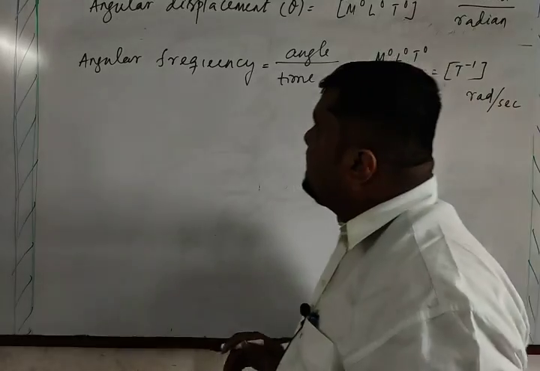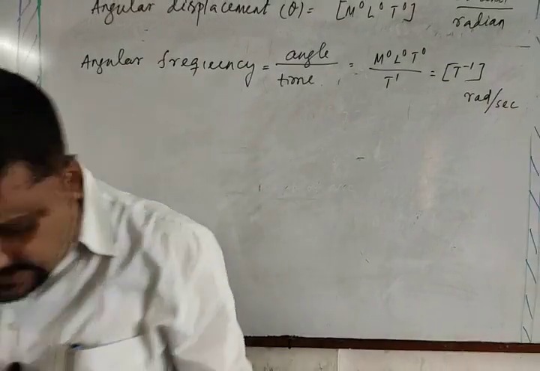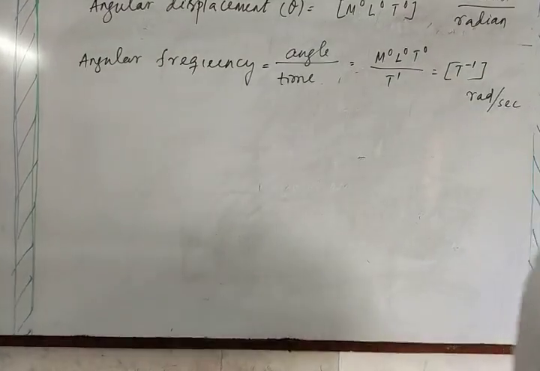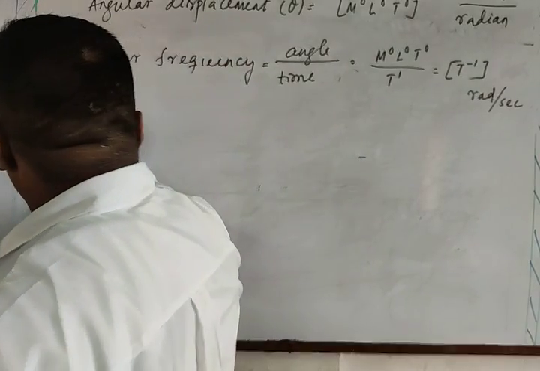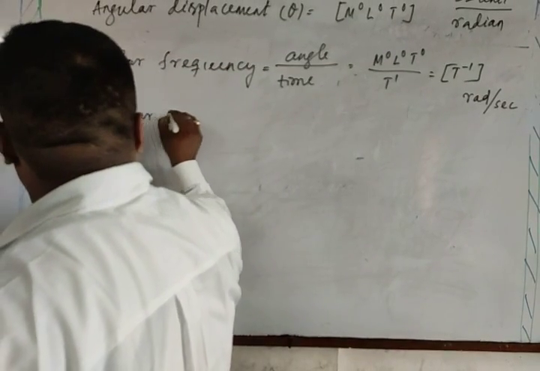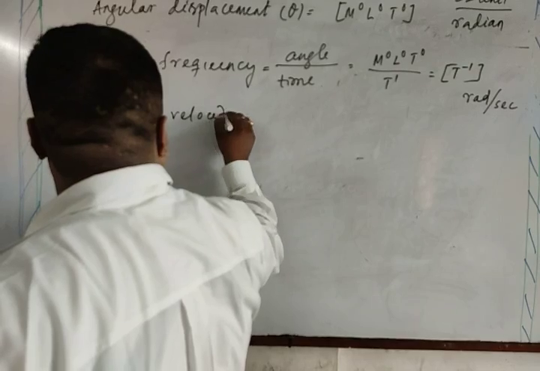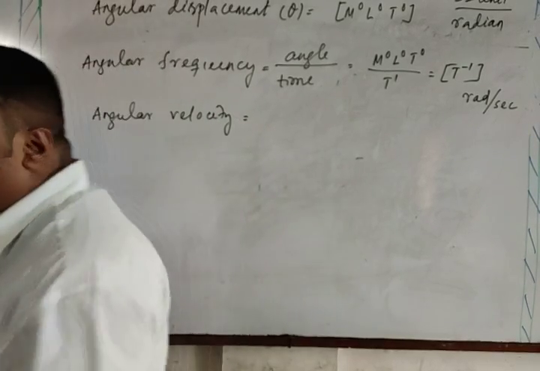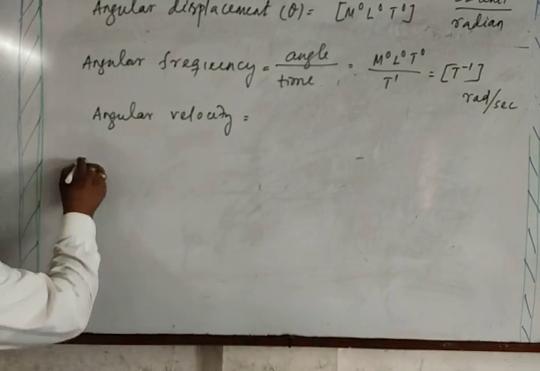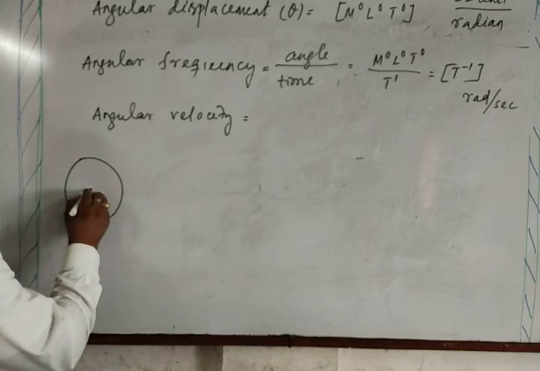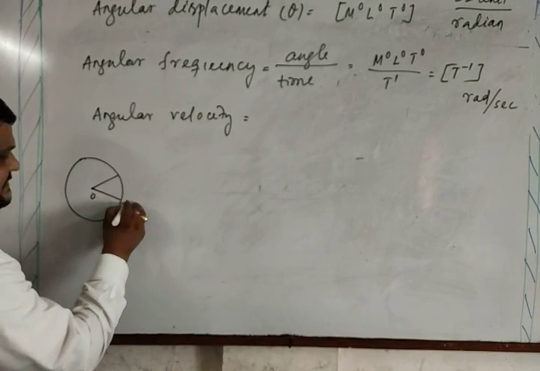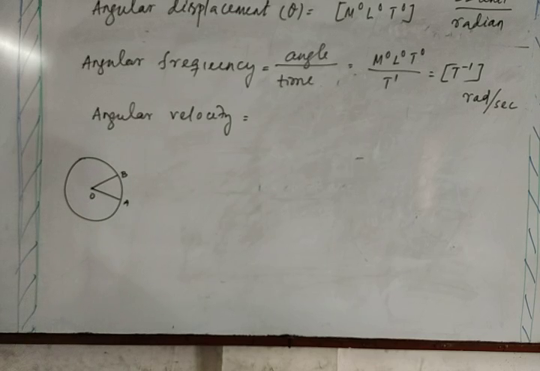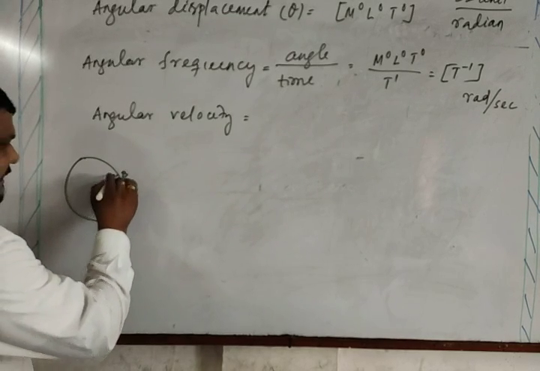Then, another part, from this one we will go for angular velocity. Like your linear velocity, similarly your angular velocity. What is this angular velocity? Same concept here: if the body is rotating like this about the origin, and there are two positions A and B, what is the angle obtained in what time?